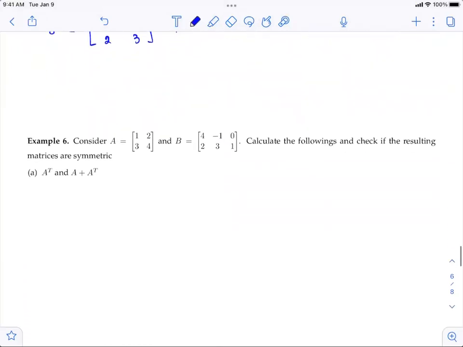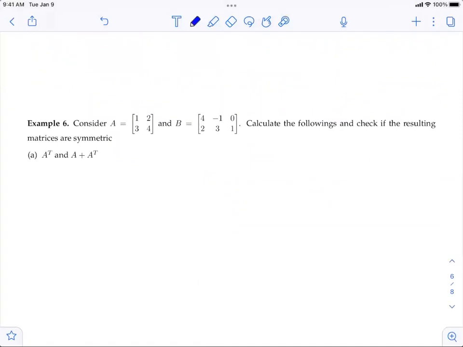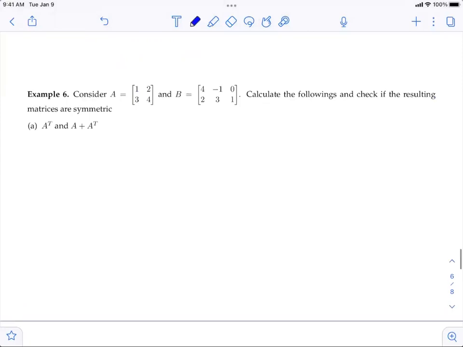Next example, I'm going to do a series of calculations on matrix A and matrix B to find the transpose and to see if the calculated matrices are symmetric or not. Okay, so for A, you get A transpose equal to 1, 2, 3, 4.